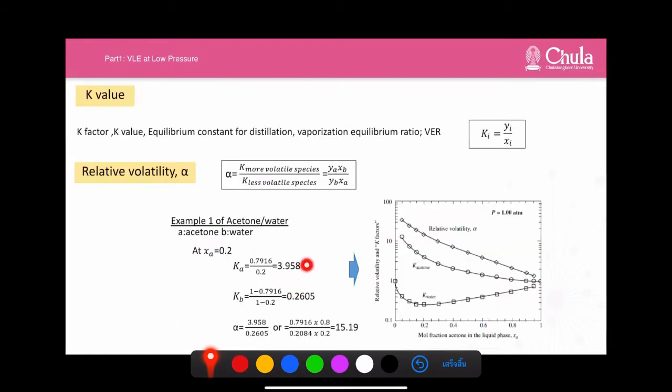So we can calculate K of acetone and also K of water, even though the table shows x and y of acetone, we can calculate the x and y of water, okay, because our system is binary. Then we can calculate alpha here.